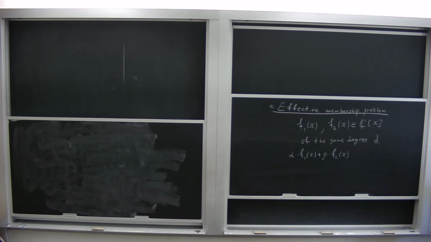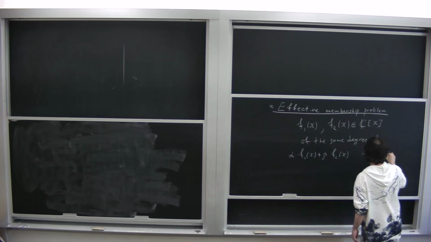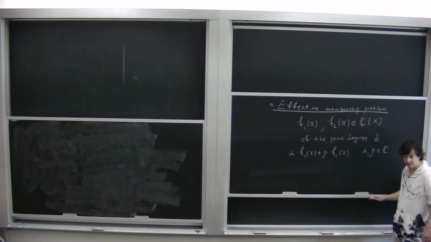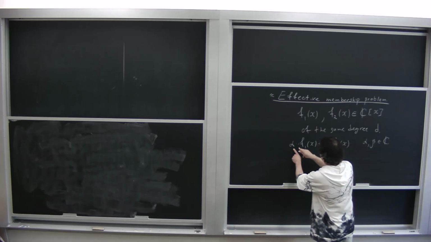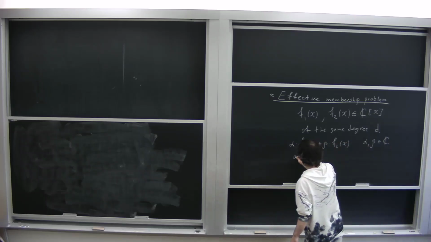For now, let's say alpha and beta are just scalars. So the linear combination of two polynomials is again another polynomial.